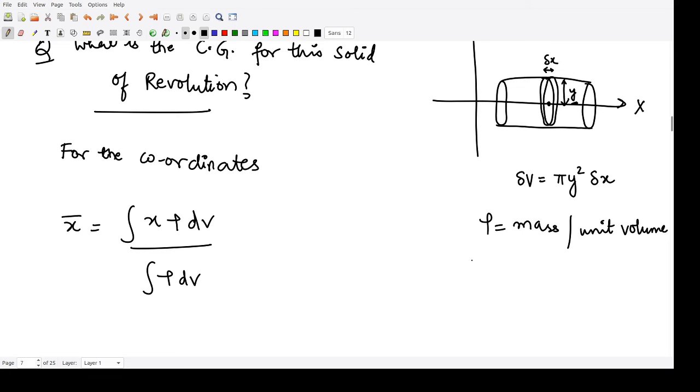If I take this small volume dv, the mass of this small volume would be rho into dv. So it would be this small mass into x, and this would be the total mass.